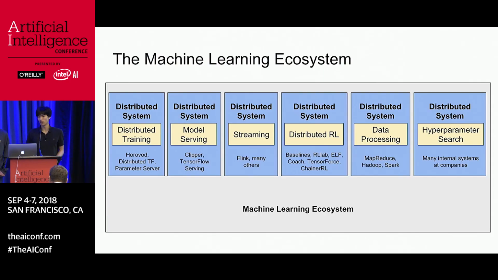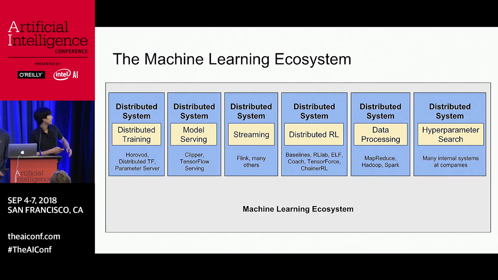That's what we see a lot of at different organizations doing research in reinforcement learning and machine learning, or companies that are deploying this stuff in production. A lot of people are building new systems from scratch in order to meet the requirements of their applications.